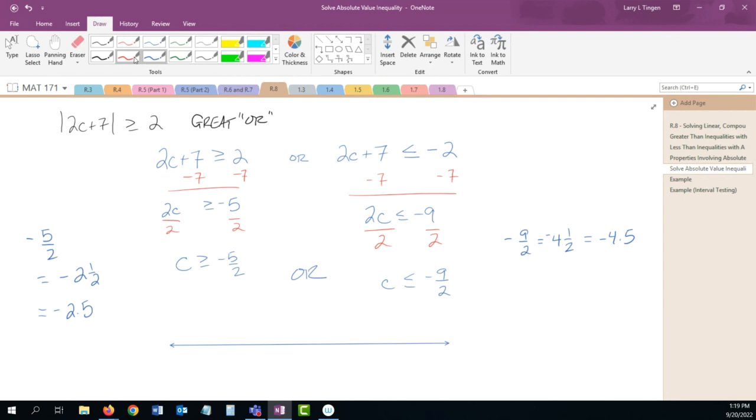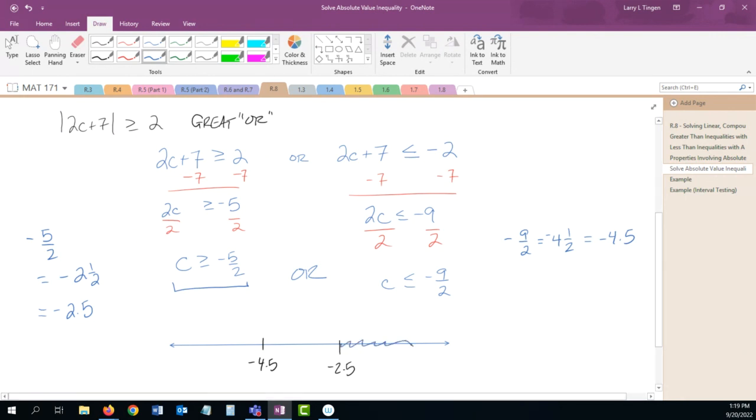So they are where? If I'm starting on the left and I'm working my way to the right, the first number I'm going to hit is the negative 4.5. And then the other one is negative 2.5. Now the question is where do these go? Which direction are we going in? C is greater than or equal to negative 5 halves. That's the negative 2.5.